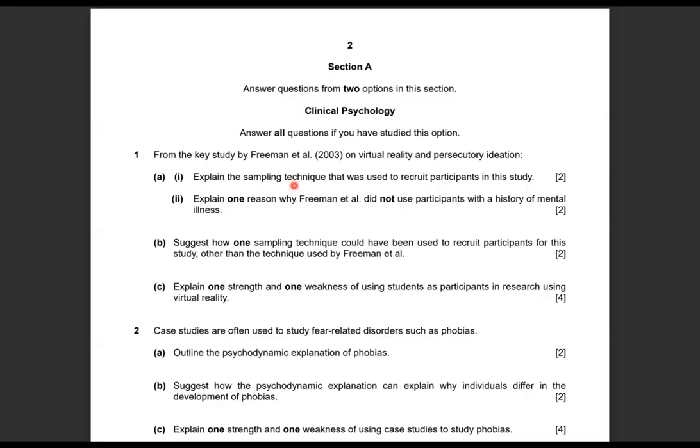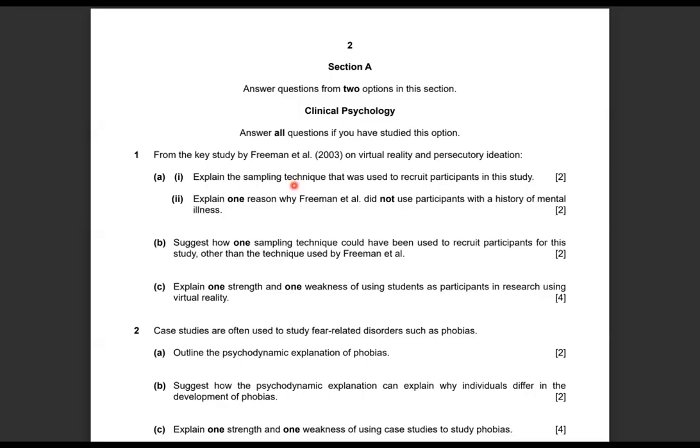The focus is going to be slightly more on the research methodology, the research method terms used in the study, in the experiment. That doesn't mean that they can't ask you on the procedure, they can, but again, focus should be a bit more on research methodology.